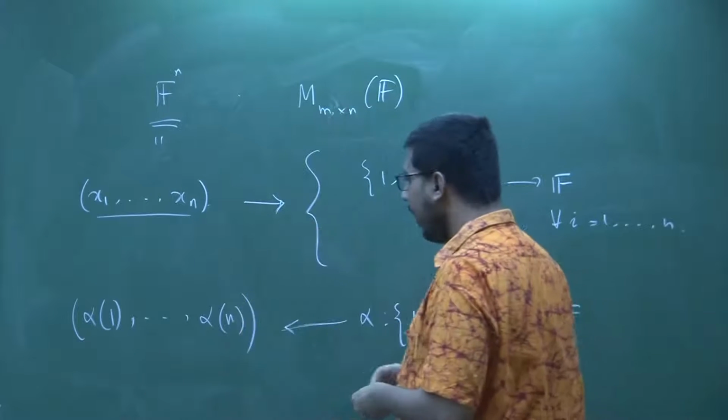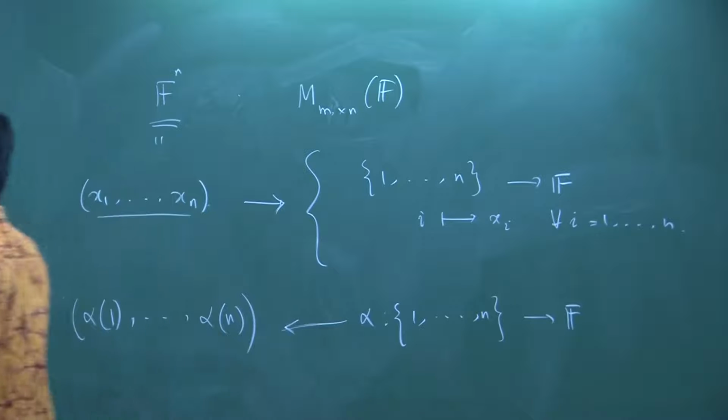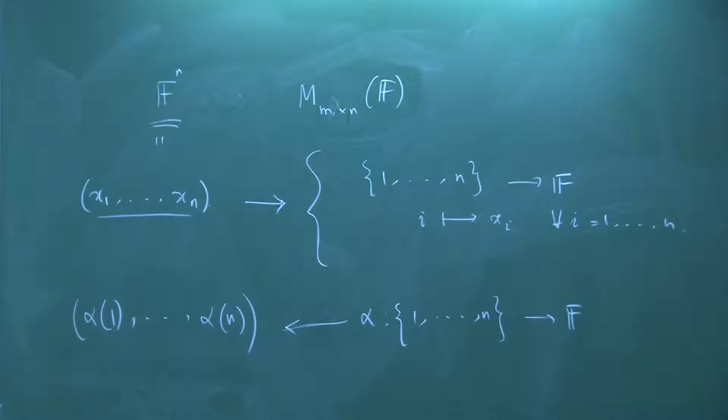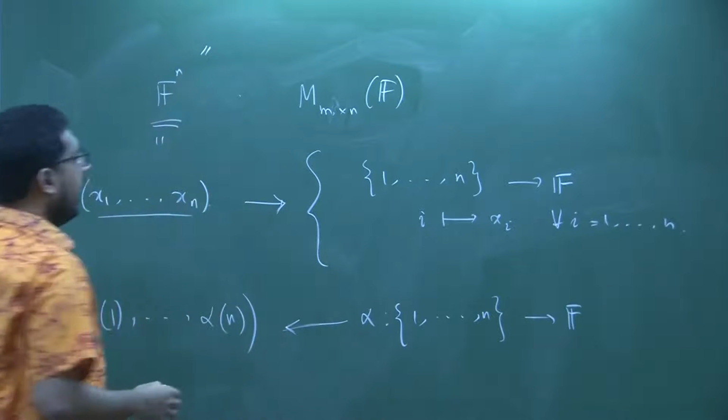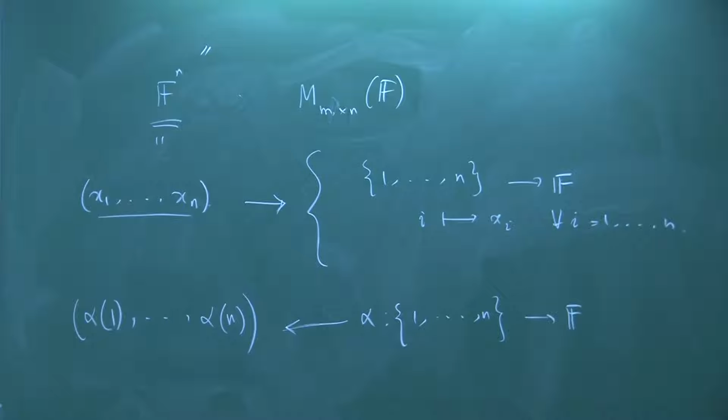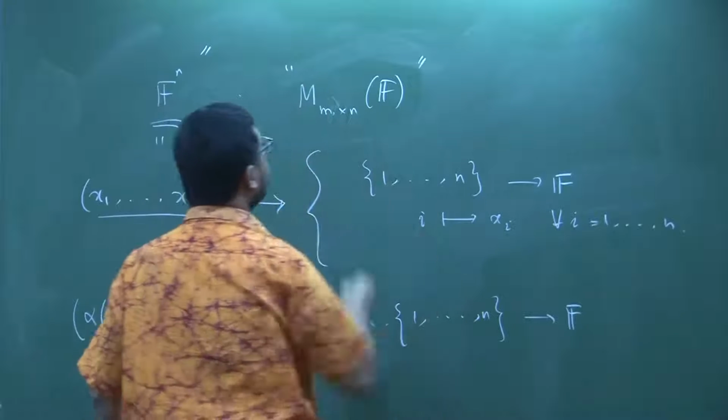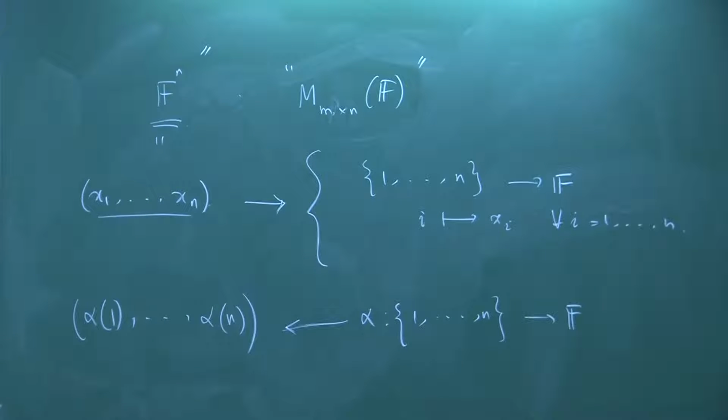Therefore, the collection of all tuples, that is F^n, can be equivalently regarded as the collection of all maps from 1 up to n to F.